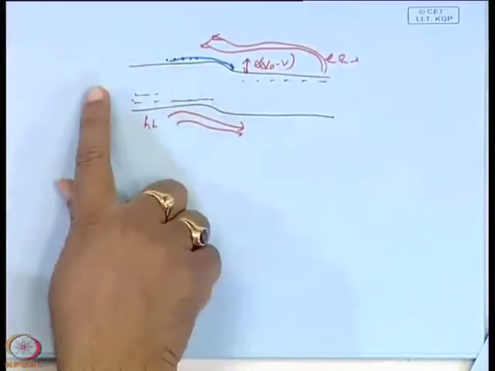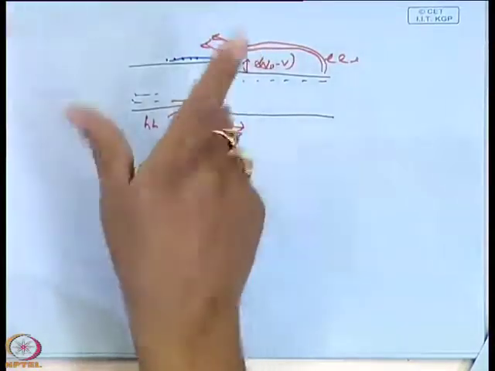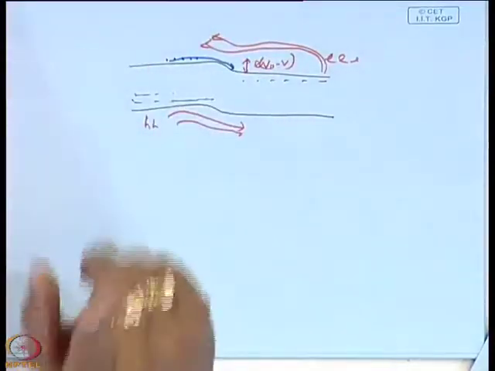Minority carriers will be there, and some minority carriers will be thermally generated also in the p region. So, the drifting of electrons from the p region to the n region will also be there. In thermal equilibrium, drift current is equal to diffusion current. So, there will be no resultant current available from the device, from the junction.